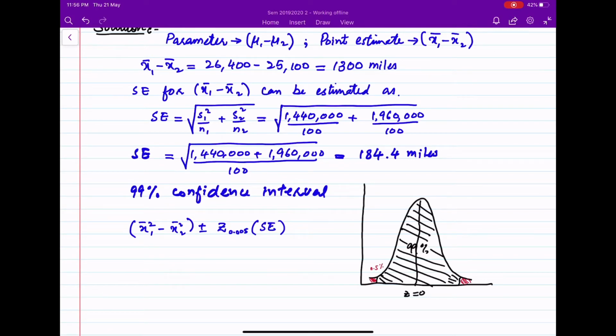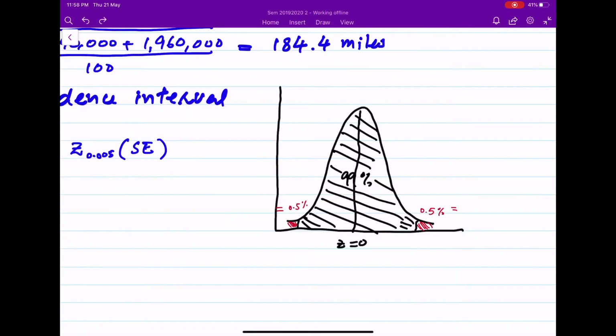On the left side z is negative, and on the right side of z equal to 0 it is positive. We know that the total area under the normal curve is equal to 1. Therefore, on the left side, 0.5% of 1 is 0.005, and on the right side as well, it should be equal to 0.005. So the area under the curve, which is shaded red, is equal to 0.005.